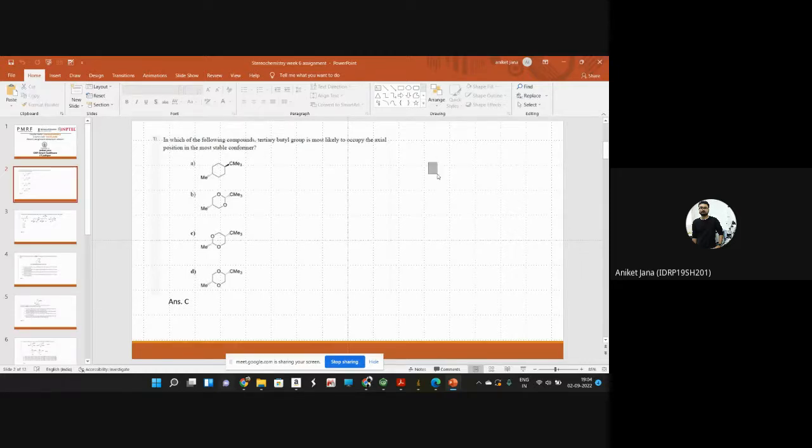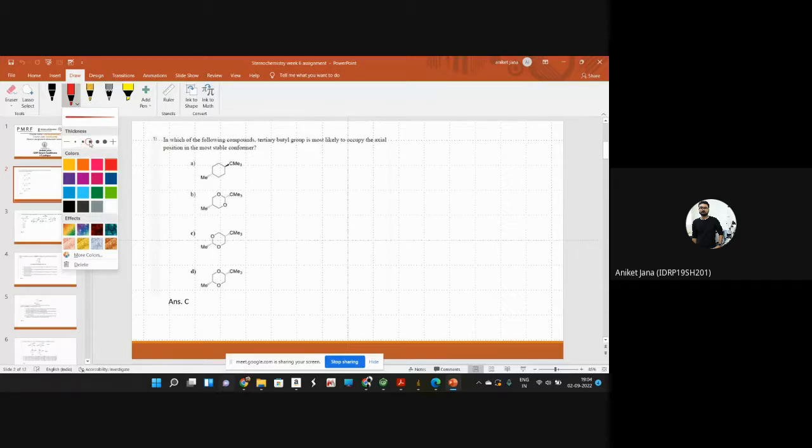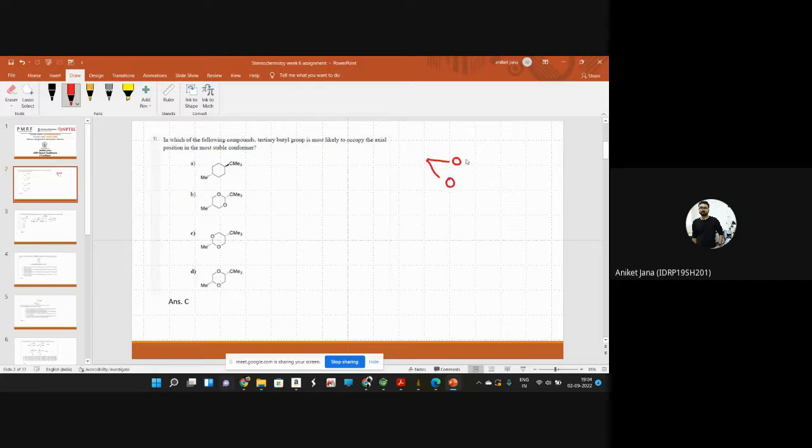So in the chair conformation, okay, so this is the structure of the chair.